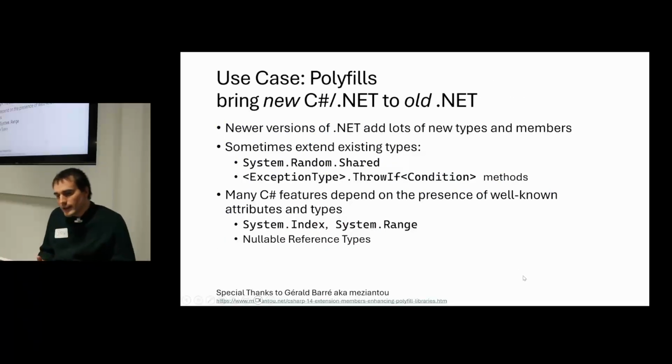Another nice use case is polyfills. Polyfills are basically NuGet packages that you can add as a reference, so you get all the niceties of newer .NET versions, or if you want to use specific C# features, and you're still, like we are in the decompiler, on .NET Standard 2, then you cannot use many of the nice features.